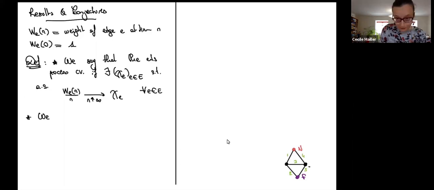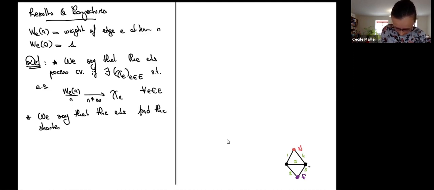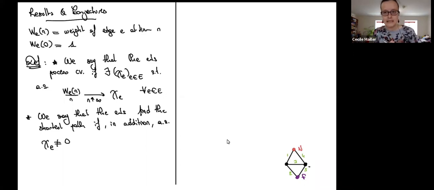The second phrase is what we are interested in. We say that the ants find the shortest path if the process converges, and in addition, almost surely, the only edges that have a non-zero weight are the edges that lie on a geodesic, so a shortest path between the nest and the source of food.